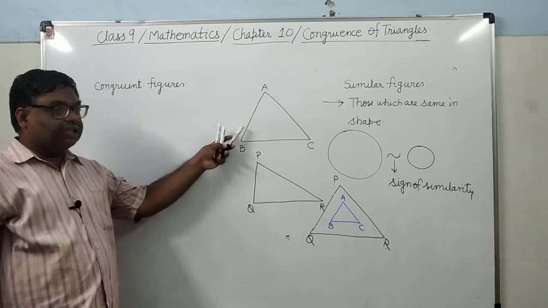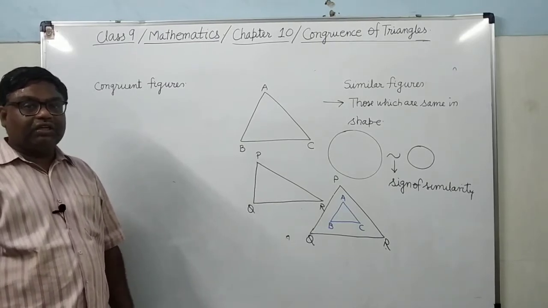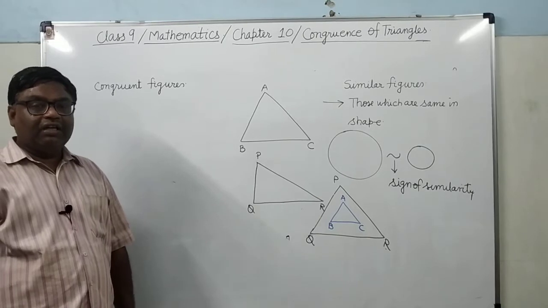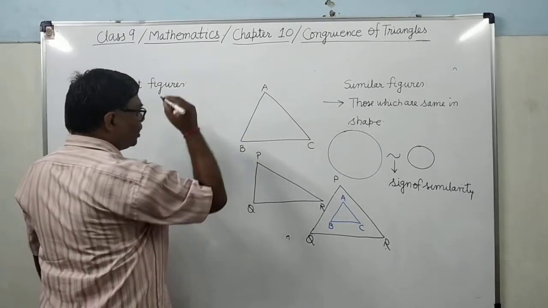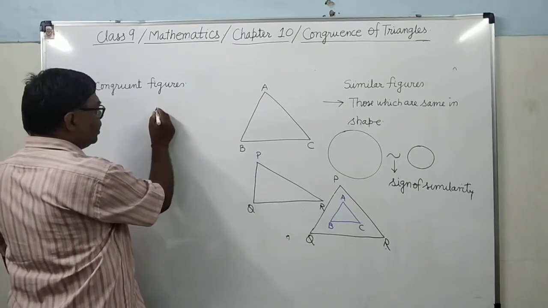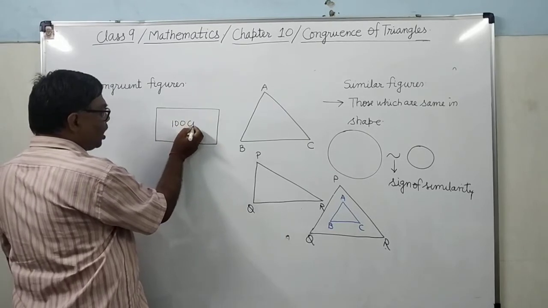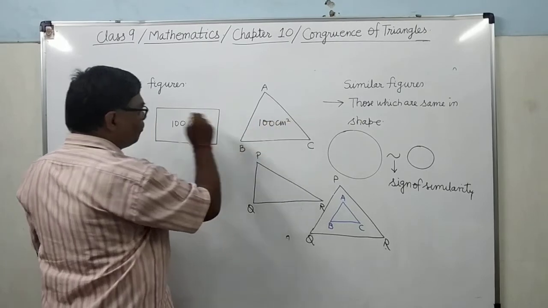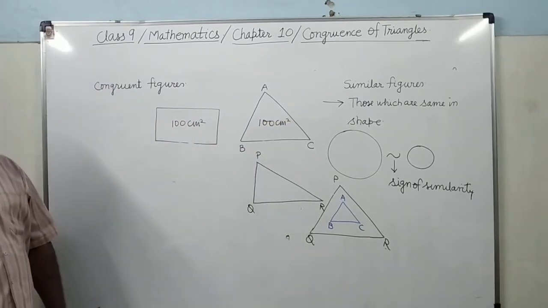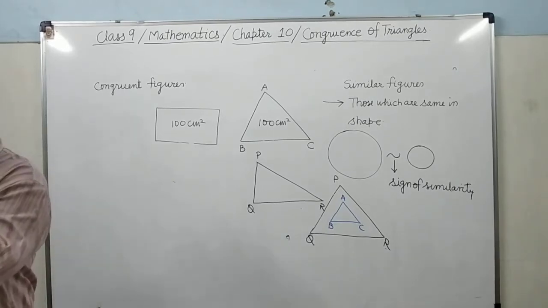Their areas may be same, but if the areas of two things are equal, it does not mean that they are equal in all respects. For example, suppose the area of this triangle is 100 centimeter square, and the area of this rectangle is also 100 centimeter square. Both are having equal area. It does not mean that they are equal in size also.